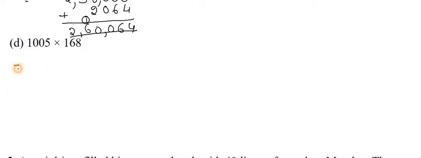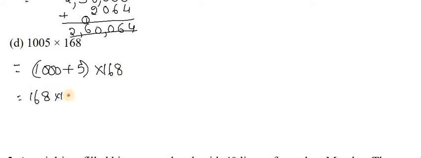And now this one, 1005, which is 1000 plus 5, multiplied by 168. 168 into 1000 plus 168 into 5.